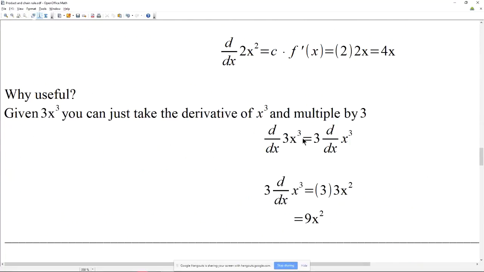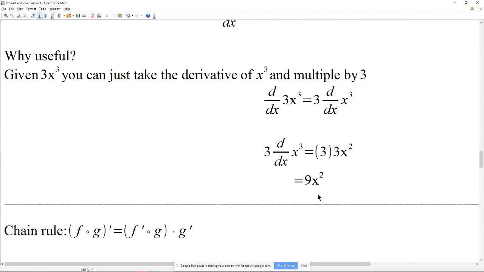I could do the same thing by just taking the 3 out. I can draw it across the d over dx, and I'm left with 3 times d over dx of x cubed. What's the derivative of x cubed? 3x squared. And then what's 3x squared times 3? 9x squared. Either way I do it, I get the same answer.